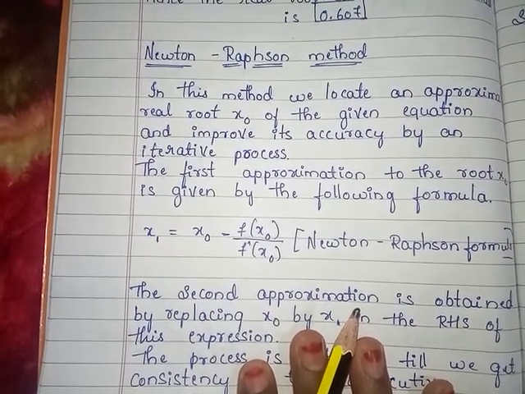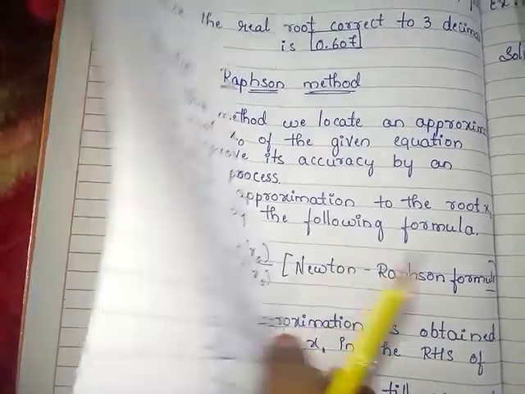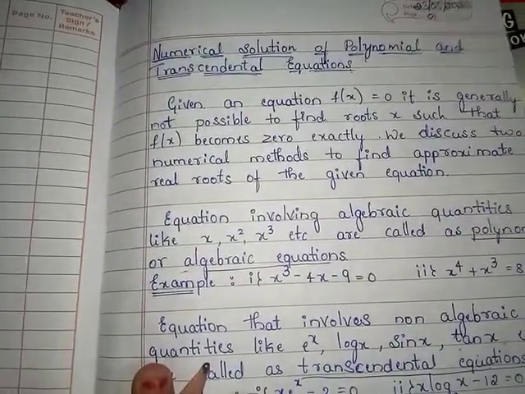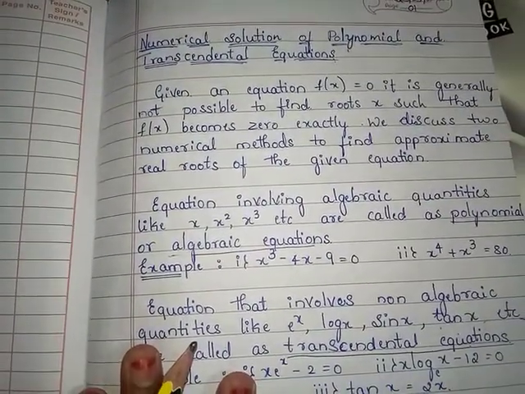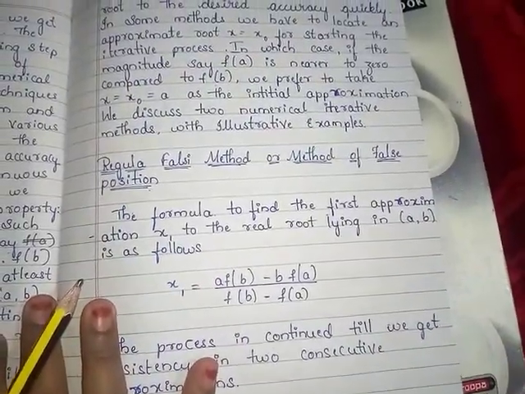Today we will discuss another method, that is the Newton-Raphson method. In the last class I told that in numerical solutions of polynomial and transcendental equations we have two iterative methods. The first one is the Regula-Falsi method, or method of false position.